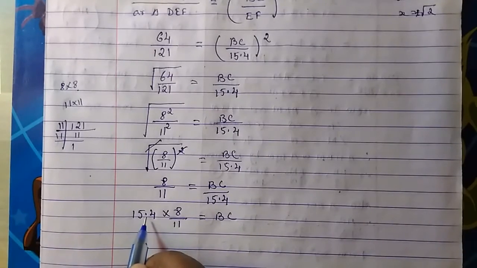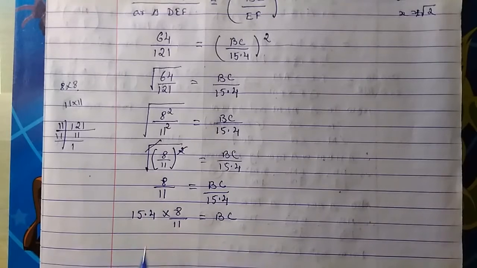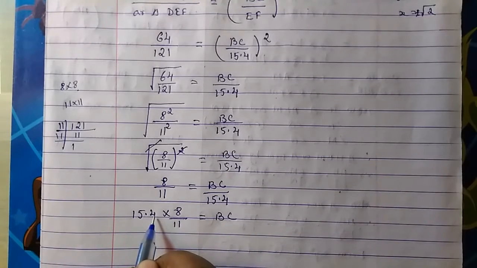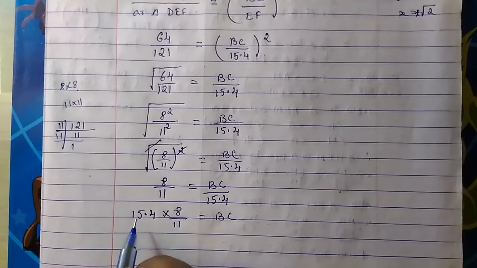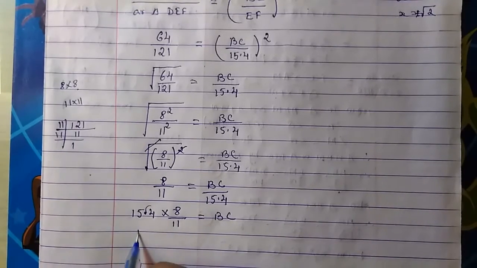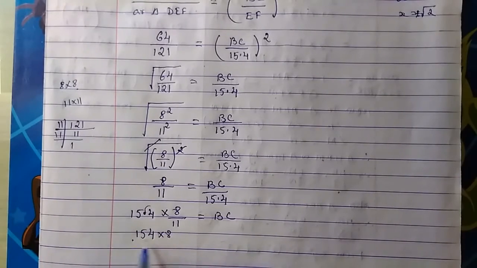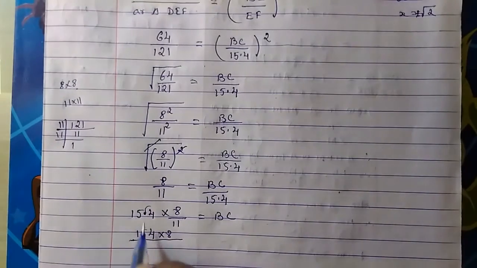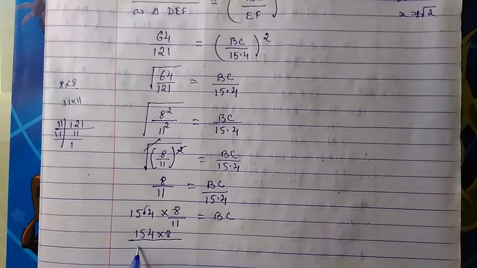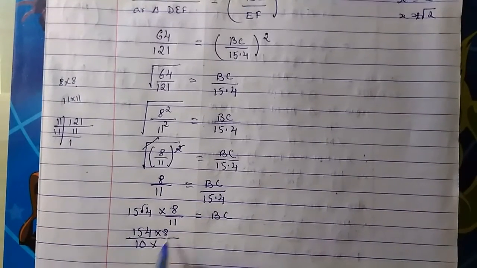Now this is in decimal. To remove the decimal, what will we do? After one digit there is the decimal, so we have to divide by 10. It will become 154 upon 10, and this 11 is here.